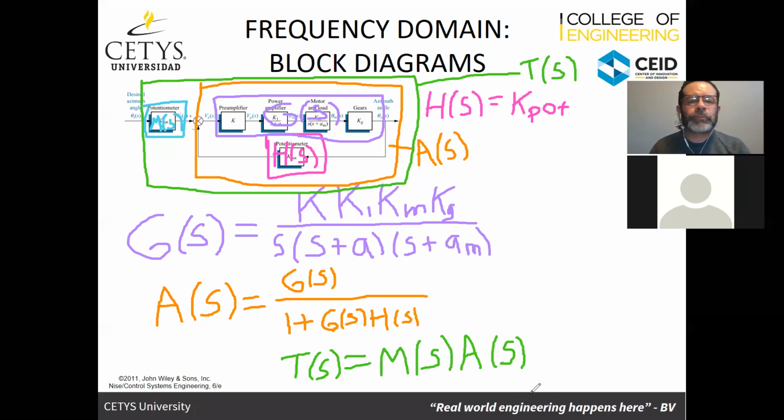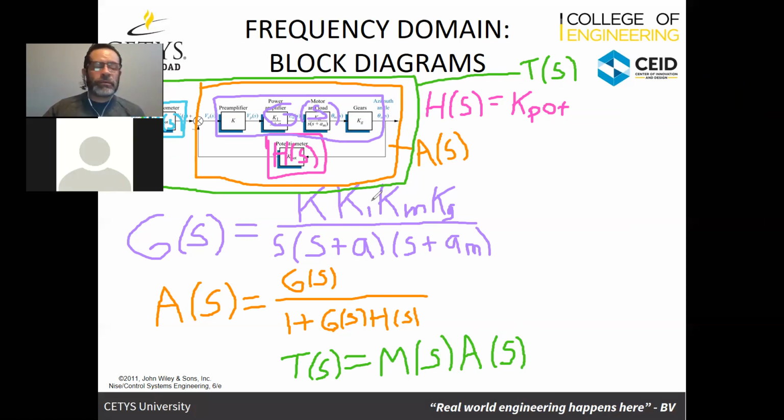Okay. Now let me save this screen here. Now, first off, let's find this one here. This is going to be equal to G of S, which is the forward transfer function that we've got here, divided by 1 plus G of S times H of S. So I'm going to write that down here.